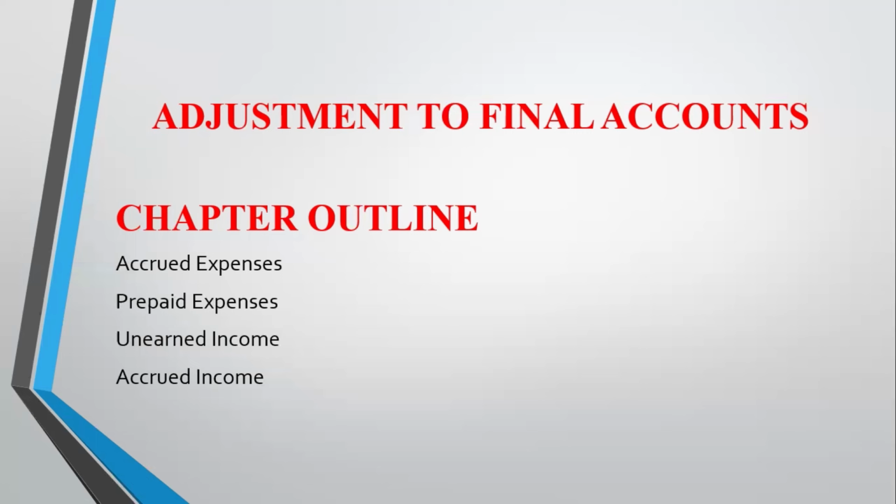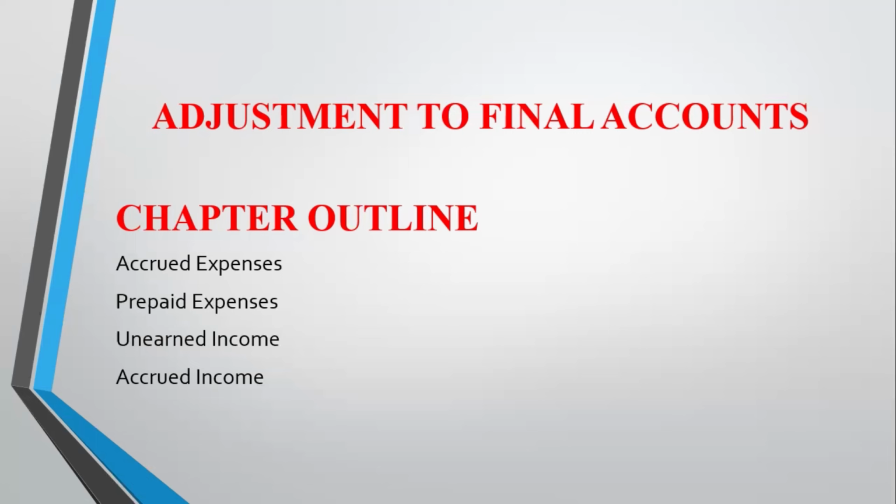We do this adjustment to ensure accurate reporting. We must adjust these items so that only the portion relevant to the current accounting period is included in the final account.